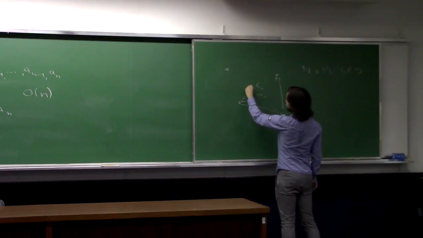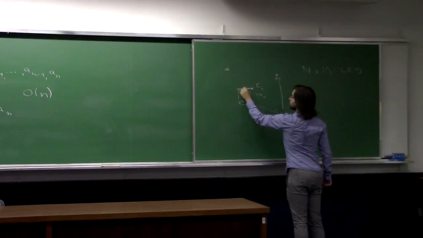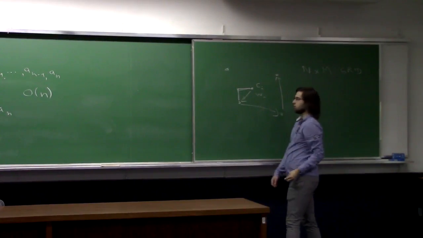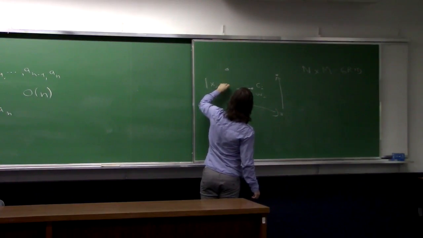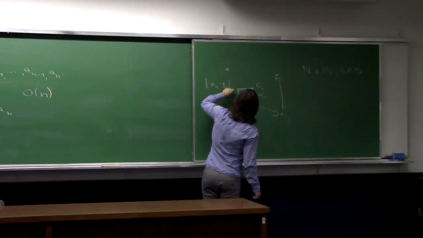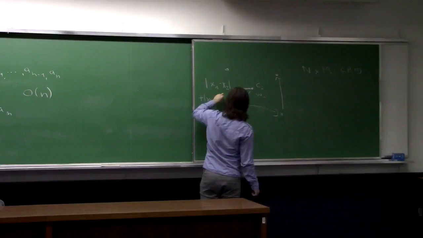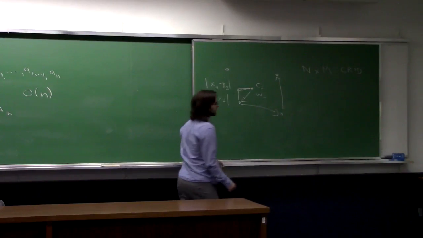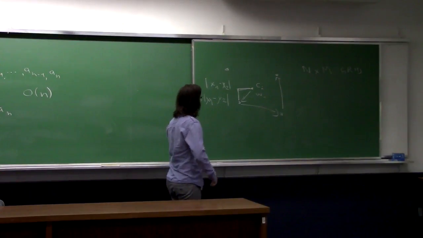So, for example, from this point to this point, the distance is this plus this: |x1 minus x2| plus |y1 minus y2|, which usually appears in problems.